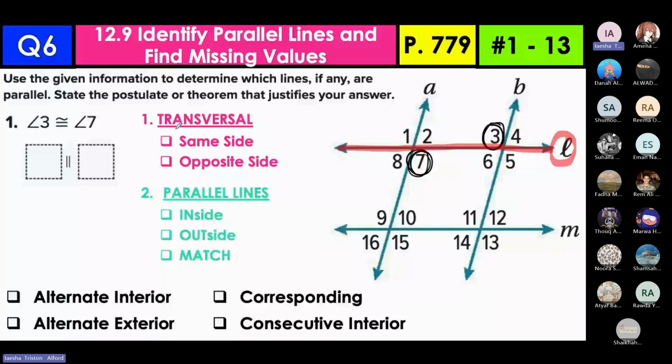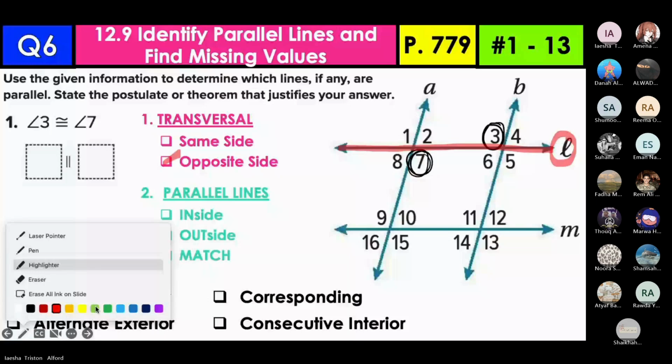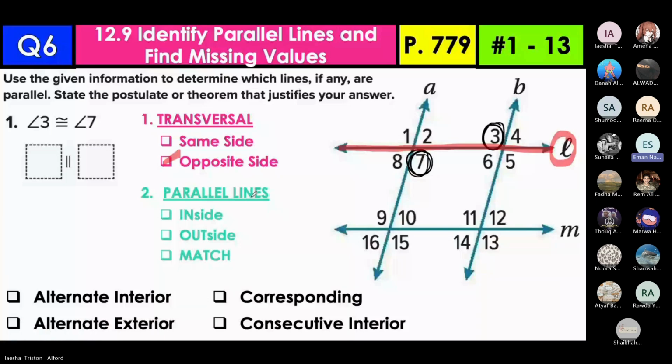Opposite. Okay, good. Now tell me what is the parallel. Which are your parallel lines? You said it already, A and B. So the parallels are going to be A and B. 3 and 7, inside or outside the parallel?